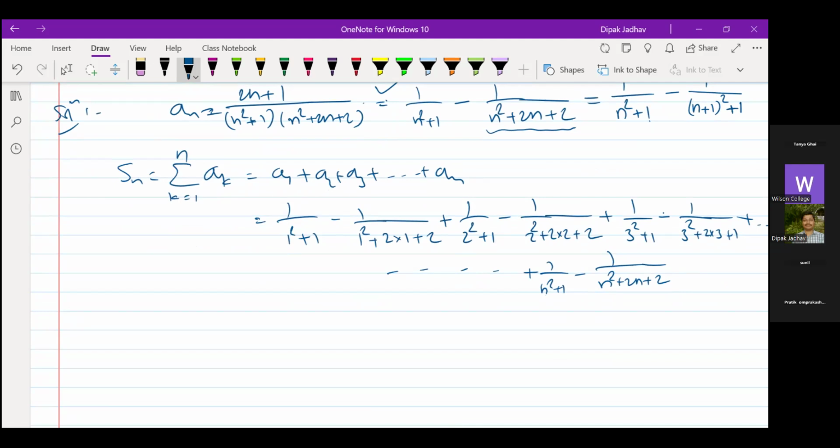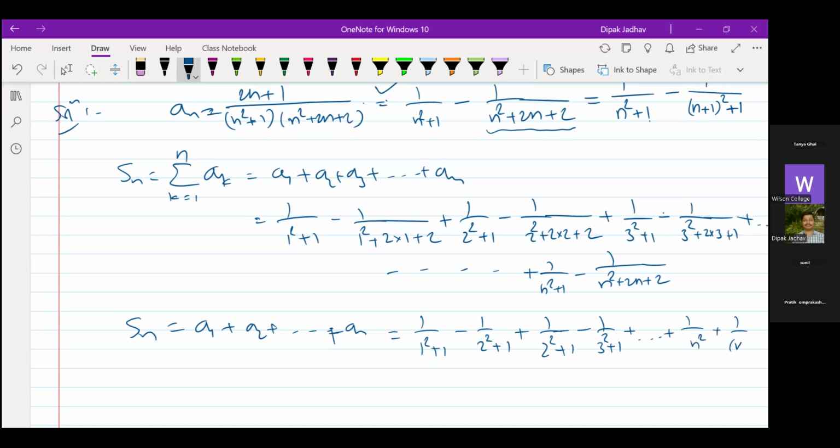What happens when we write something like this? If I write Sn, a1 plus a2 plus up to an. So a1 will be 1 upon 1 square plus 1 minus 1 upon 2 square plus 1. a2 will be 1 upon 2 square plus 1 minus 1 upon 3 square plus 1, plus and so on, 1 upon n square plus 1 minus 1 upon n plus 1 whole square plus 1.